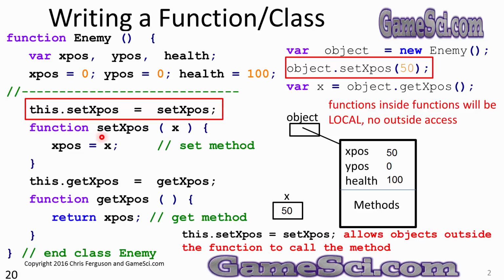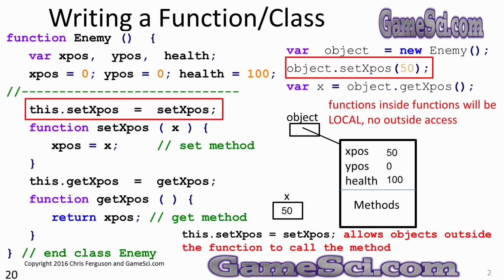Well, it's no different for setExposition. This would be a local function inside of it. What this.setExposition equals setExposition does is allow objects outside the function to call the method. That's why I boxed it out over here. The only reason object is allowed to run setExposition is this line of code over here. If I left that out, this would be like a local function and I wouldn't be able to call it.